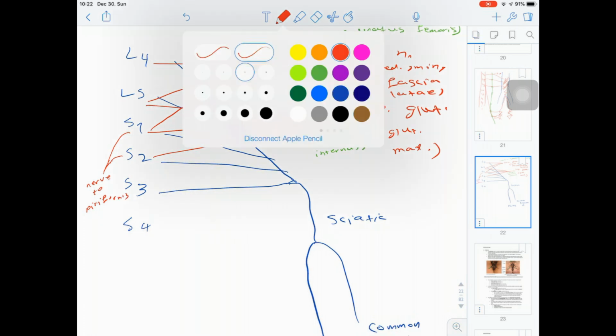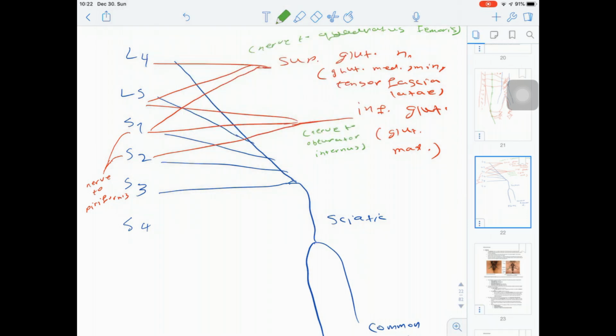When they say that it's somatic nerves, it means it is the sacral plexus. So from S2, S3, you're going to have the posterior cutaneous nerve of the thigh.